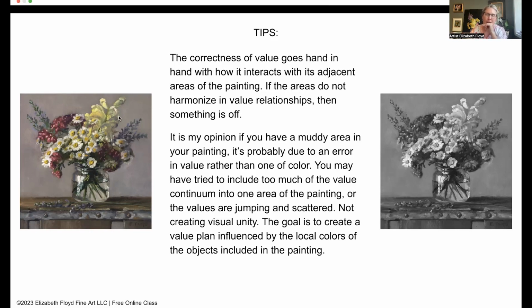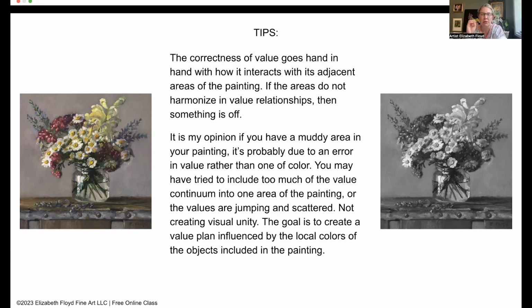One of the things I also want to talk about real quick is that oftentimes if you're painting and you keep encountering a muddy area, muddy colors, it is my experience that it's typically not the color that is off. Most often it's an error in your value, that you've somehow got your value relationships off.